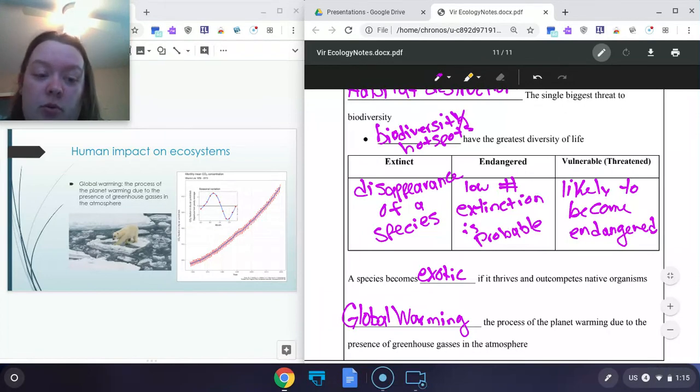Humans contribute to this because we drive cars, have factories, and increase pollution. Overall, all this activity increases global warming, and therefore the natural temperature of the planet, and it can have detrimental effects. Okay, so there's going to be some practice on this stuff on Canvas. Thank you.